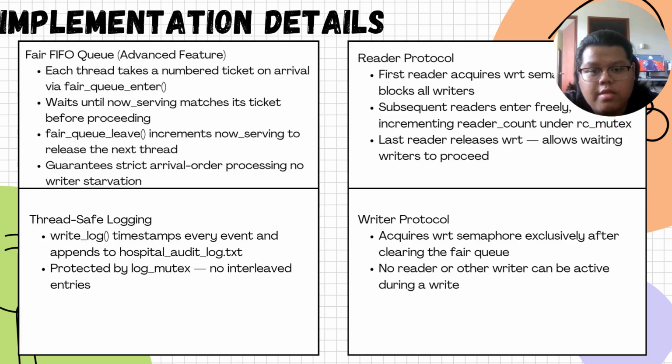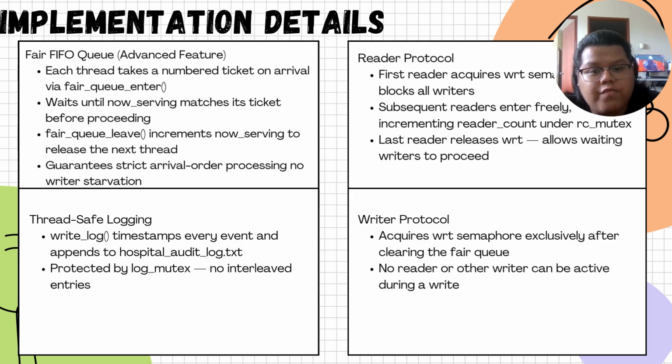For reader threads, the first nurse to arrive acquires the write semaphore (wrt), which blocks all writers from entering. Subsequent readers increment the reader count safely under rc_mutex and read concurrently alongside each other.